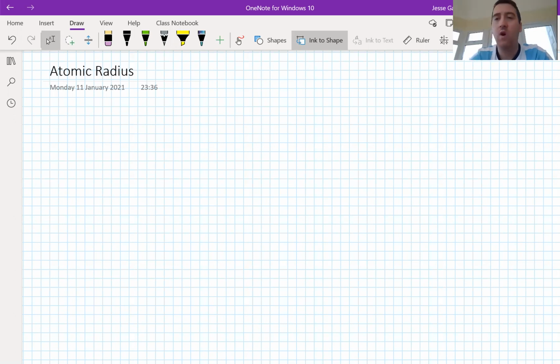Well, of course, if you wanted to do this, you would need to measure from the midpoint, which in an atom would be the nucleus. And what we would need to do is measure from the nucleus, which would be the midpoint, to the electrons in the outermost energy level. So wherever the electrons are in the outermost energy level.